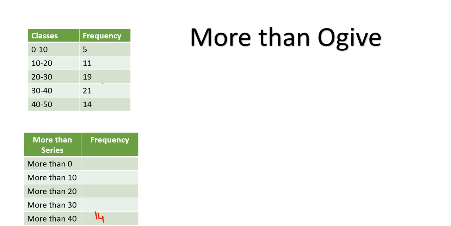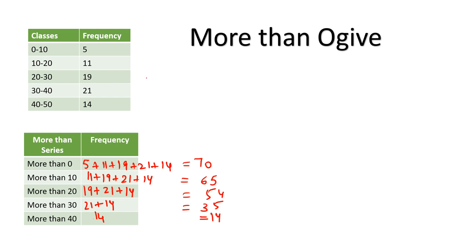Then more than 30 means everything from 30 to 50, therefore 21 plus 14. Then more than 20 means 19 plus 21 plus 14. More than 10 means 11 plus 19 plus 21 plus 14. And more than 0 means 5 plus 11 plus 19 plus 21 plus 14.